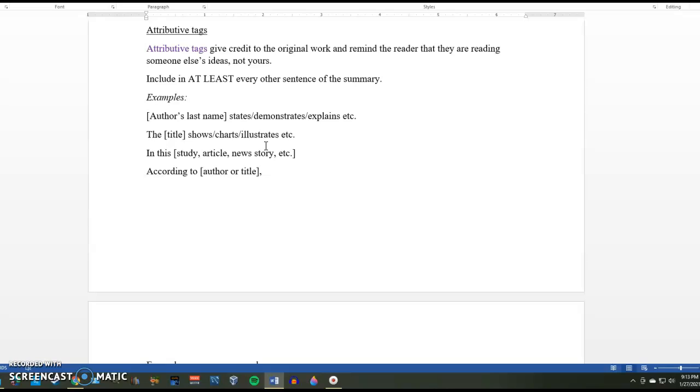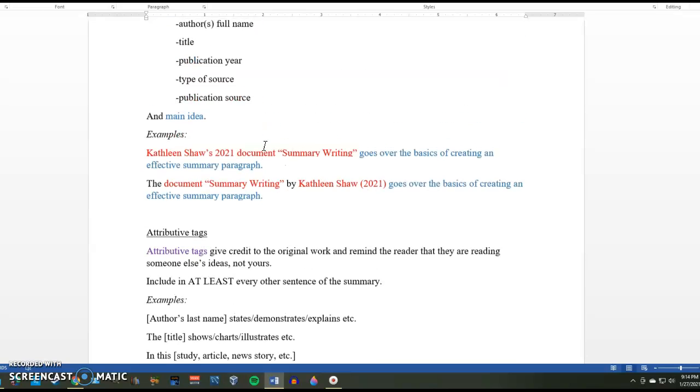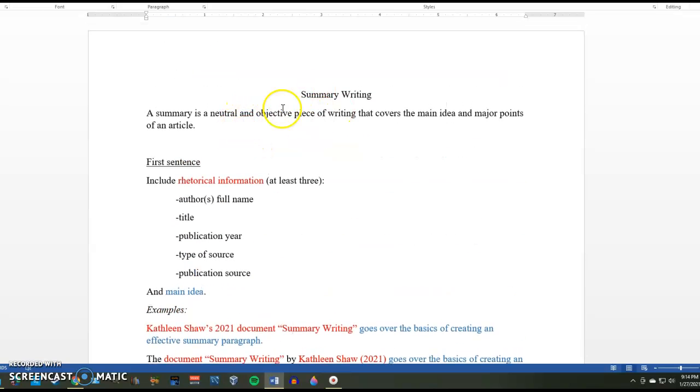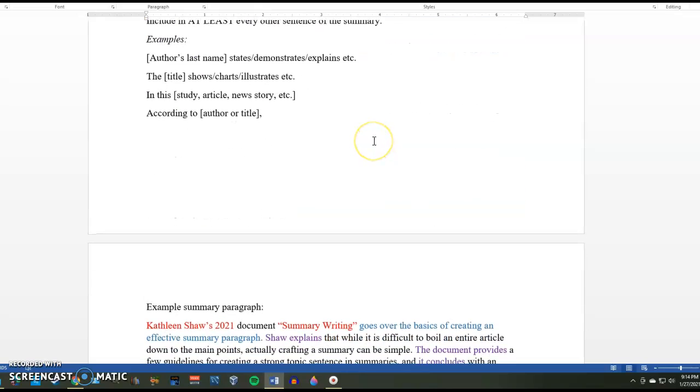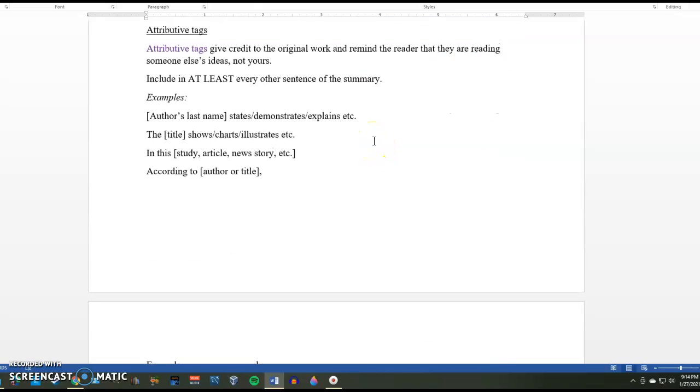So you want to stay away from words like hates, argues, whines. Those are going to throw off the balance of your nice, neutral, and objective piece of writing. But if you stick with words like shows, charts, illustrates, states, demonstrates, explains, if you stick with those kinds of words, you're in good shape as far as creating your attributive tags.